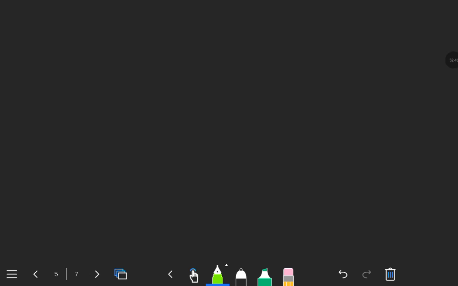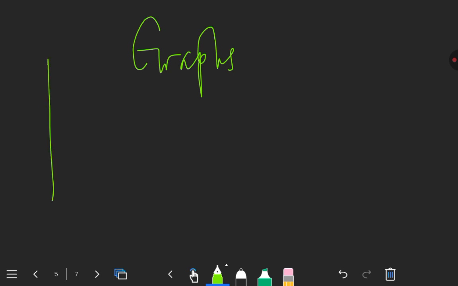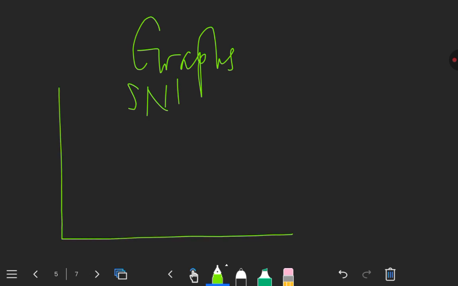Now let's conclude by looking at the graphs of SN1 and SN2 reaction. So if you've been asked to draw for SN1, as I said, there is carbocation formation. So the graph moves like this manner. So it moves like that.